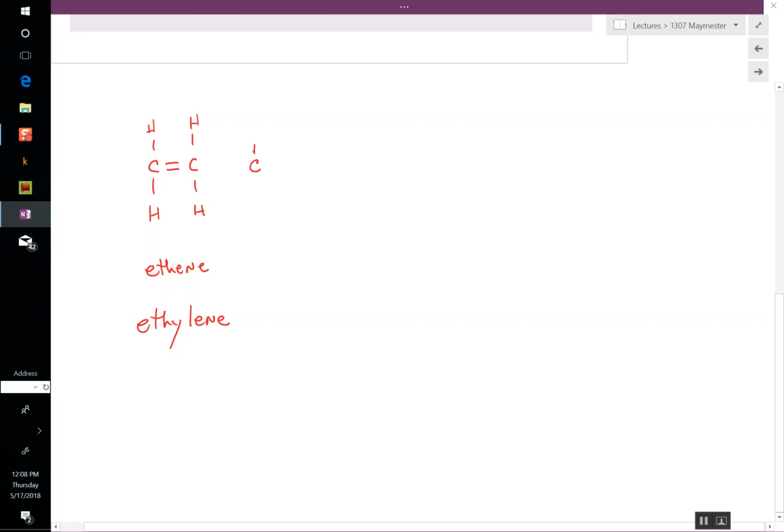And let's take another one right next to it. You don't really need to write out these reactions per se. I just want you to see how this proceeds. This is our monomer. That's the individual unit, ethene.